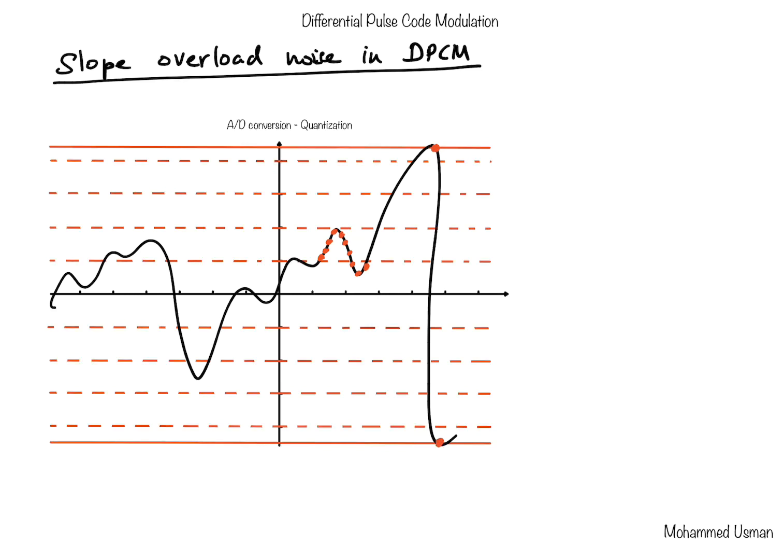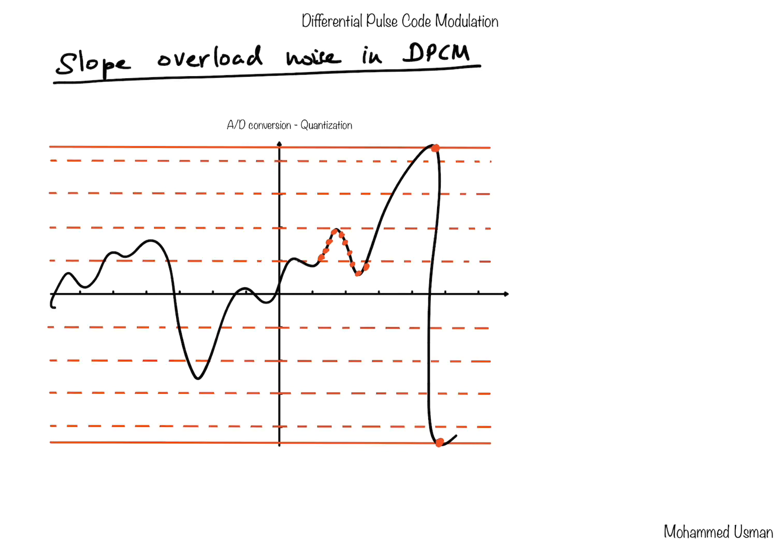In that case, the predictor will not be able to predict this sample accurately, because the predictor is designed by taking into consideration that adjacent samples have values which are close to each other. So in such a case, the predictor would predict a value which is not accurate. Therefore, the difference between the actual sample and the predicted sample would become too high. That means the peak-to-peak range of the difference signal would increase.